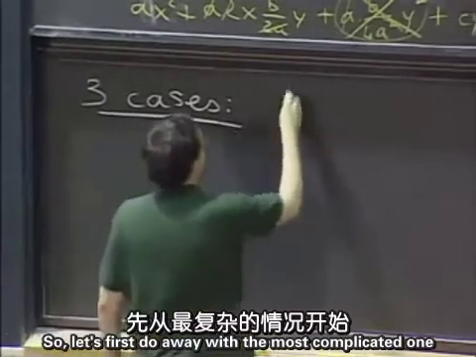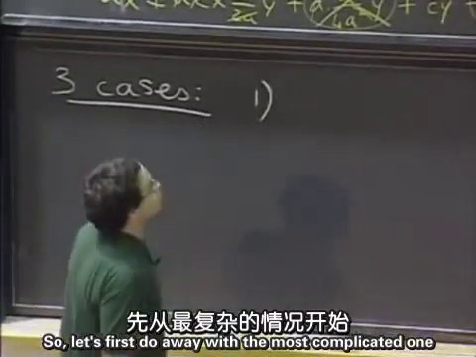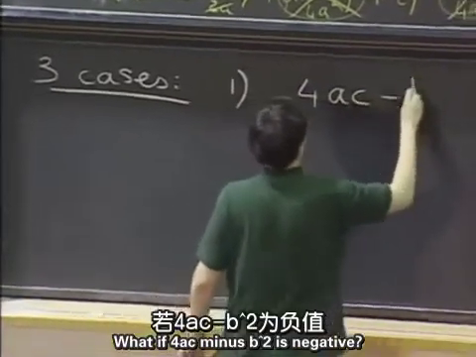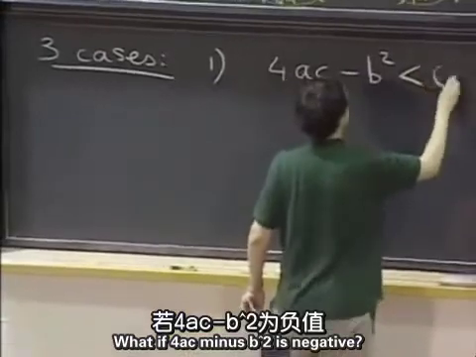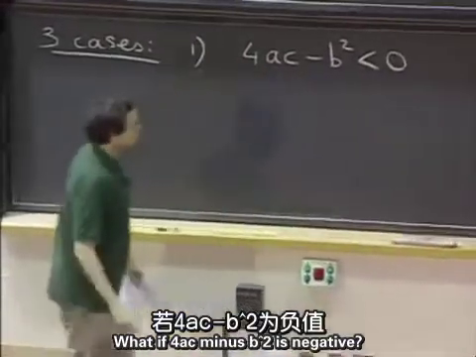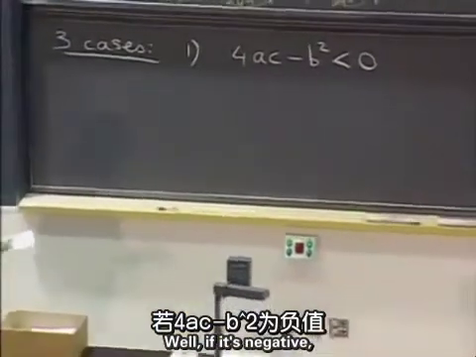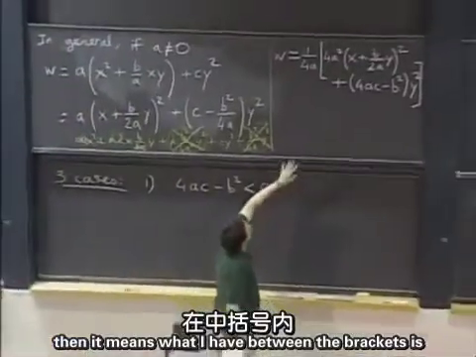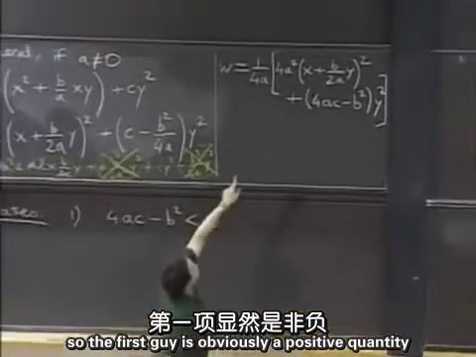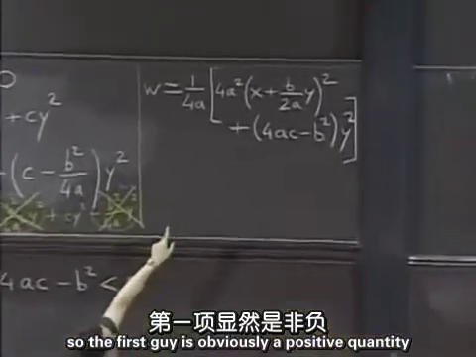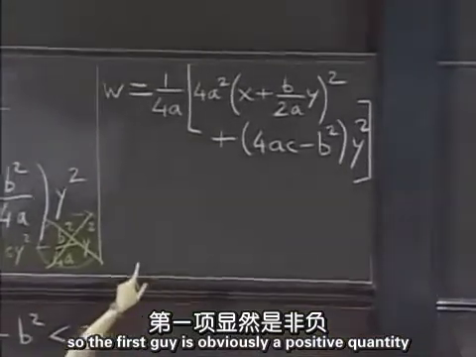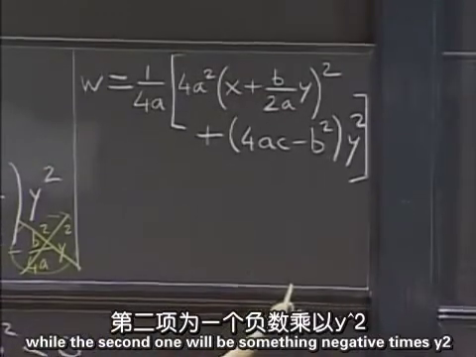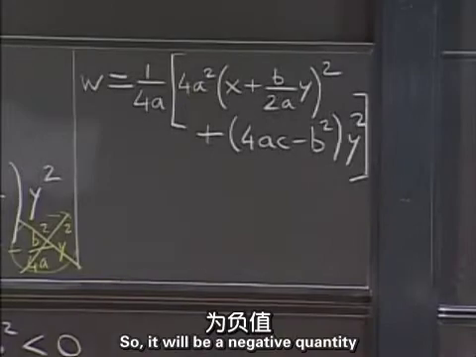So let's first do away with the most complicated one. What if 4ac minus b squared is negative? Well, if it's negative, then what I have between the brackets is, the first guy is obviously a positive quantity, while the second one will be something negative times y squared, so it will be a negative quantity.